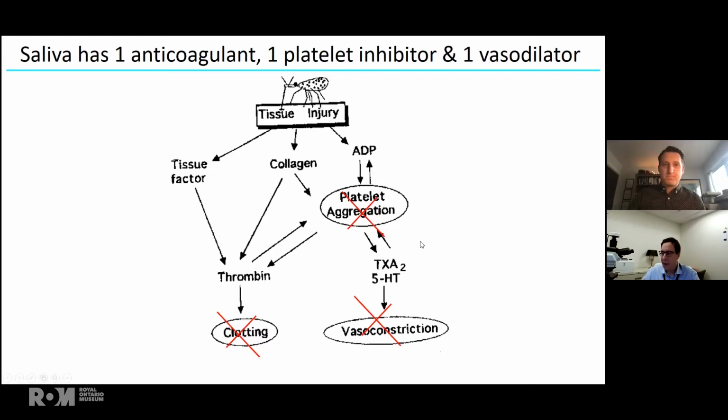Exactly, and they use different scaffolds to do the same job. Different types of proteins, they block the same molecule in our body.